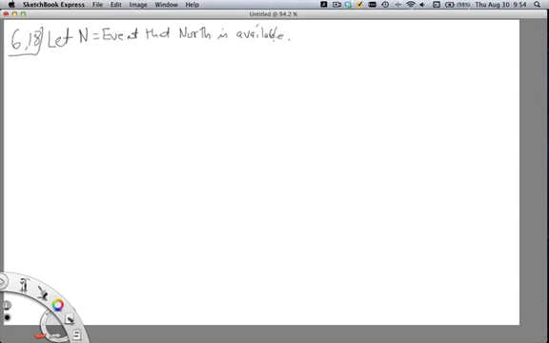The restaurant stands a 90% chance of successfully surviving the first year. So I'm going to use the letter S to be the event that the restaurant successfully survives the first year.